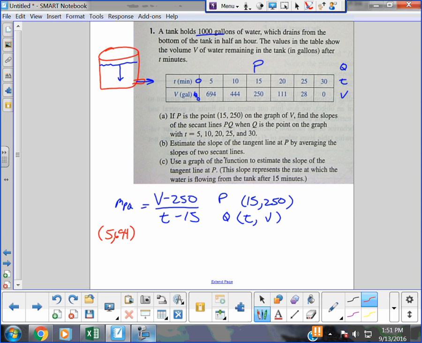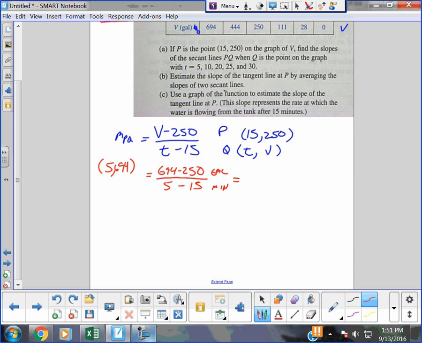And to me, it becomes obvious that it's going to be negative. But what's more important at this point is what? The units. This is gallons on top. This is minutes on the bottom. All right, I'm going to come back with my calculator. I'll pause the video here. We'll do them all at once because I'm just going to list all the points now.